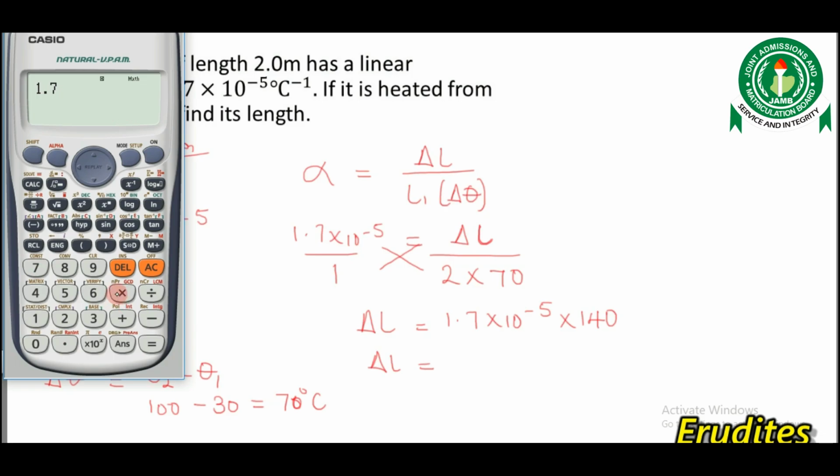1.7 times 10 raised to the power of minus 5 times 140. That will be equal to, I'll press this to change it to decimal. So that will be equal to 2.38 times 10 raised to the power of minus 3.